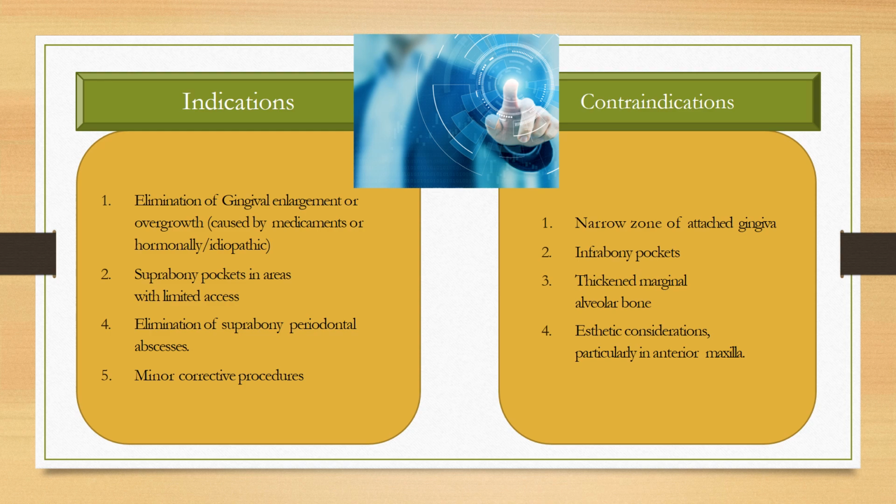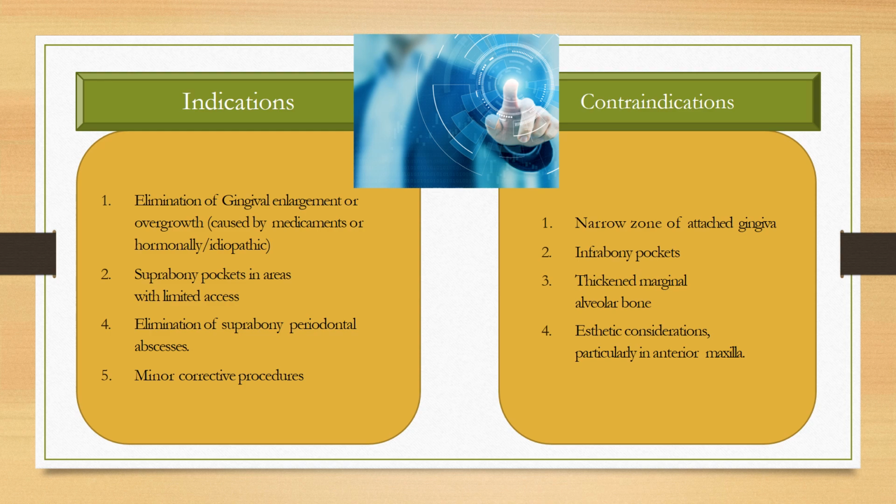Gingivectomy is indicated for all of these. Also, suprabony pockets in areas with limited access can be treated with gingivectomy, and any suprabony periodontal abscess can also be eliminated by this, as well as minor corrective procedures for correcting minor gingival discrepancies.